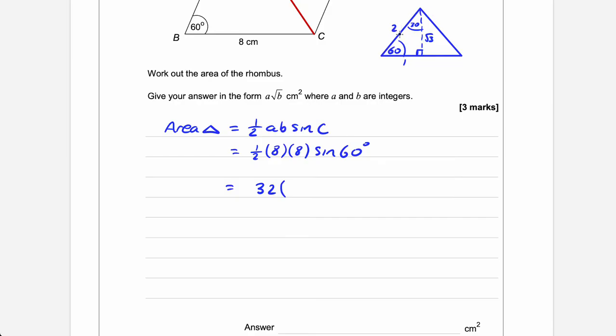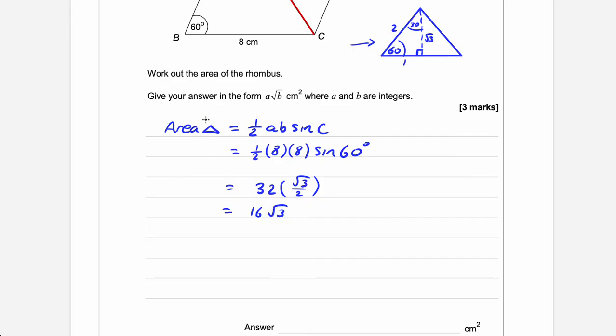I'm not teaching you this right now, but this triangle, if you haven't seen it, is how I get the sine of 60. The other way to do it is by writing out the table, but one way or another, you need to know what the sine of 60 is without a calculator. It is opposite over hypotenuse, root 3 over 2. So it's root 3 over 2, which is equal to 16 root 3.